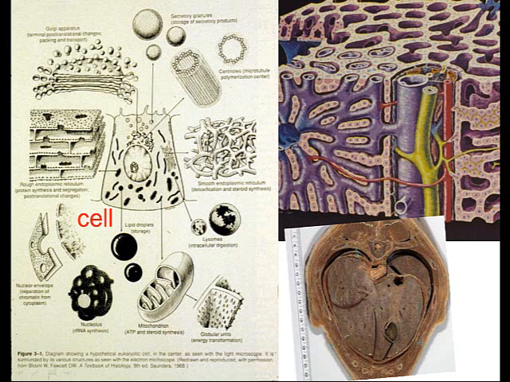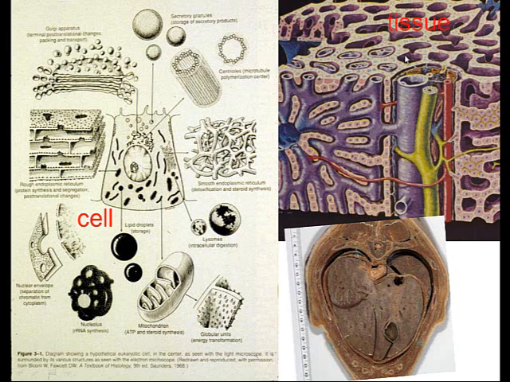Smooth endoplasmic reticulum, sets of tubes with no ribosomes on the surface, centrioles, or it could be secretory granules. All of these structures are part of the cytoplasm, and here is the nucleus. So this is a cell.